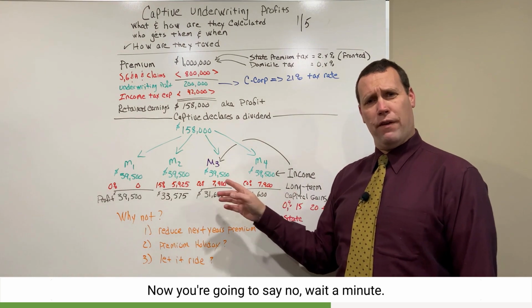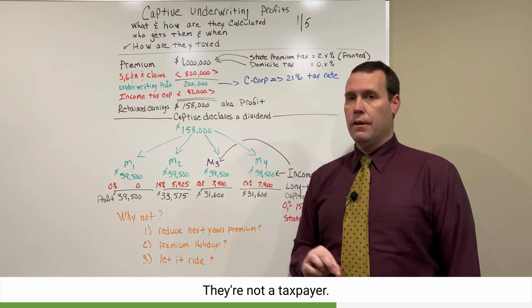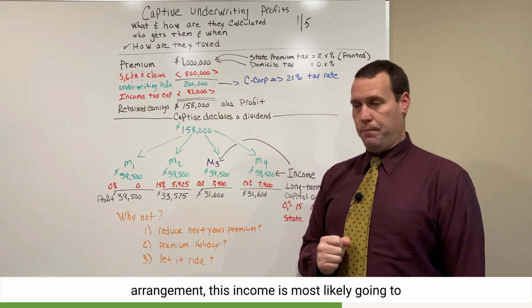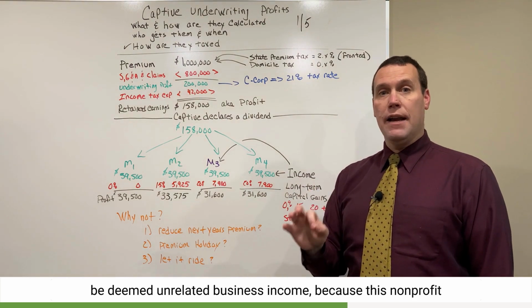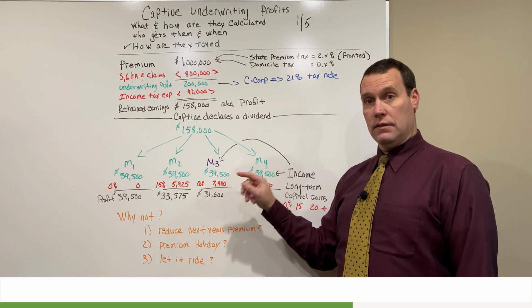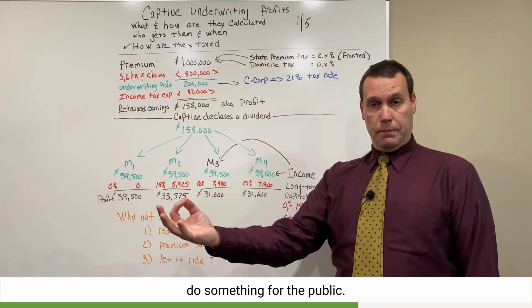Now you're going to say, no, wait a minute, Phil. Member number 3 is nonprofit. They're not a taxpayer. Well, when they're investing in a captive insurance arrangement, this income is most likely going to be deemed unrelated business income, because this nonprofit has a mission, and their mission is to do something for the public.